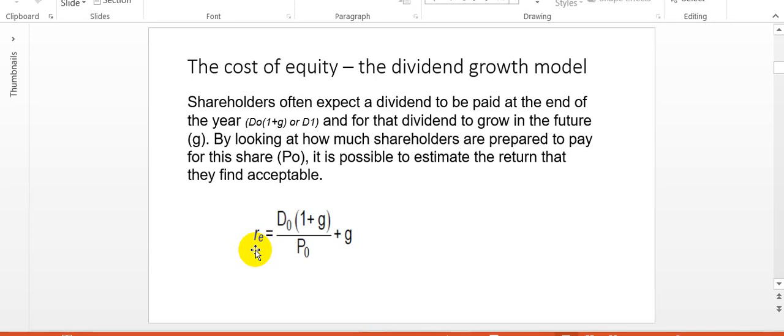To compute this return acceptable to the equity providers, we can use the first formula, the dividend growth model, which is RE equals D0 (1 plus g), g standing for growth, divided by P0. Once you've done that computation, then you add g.